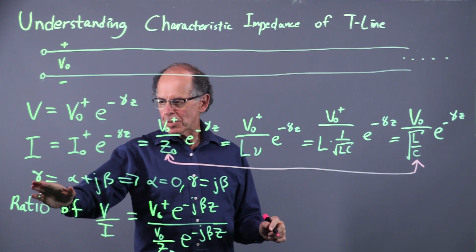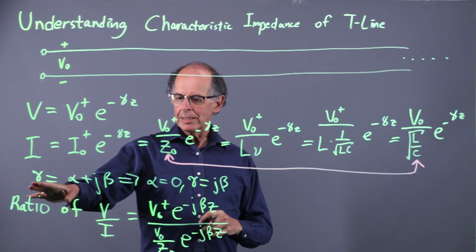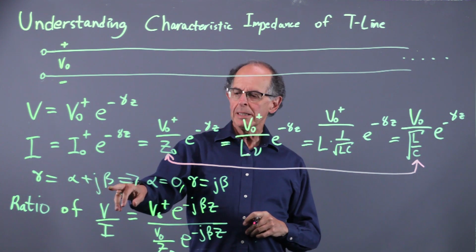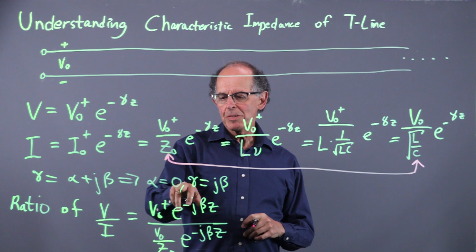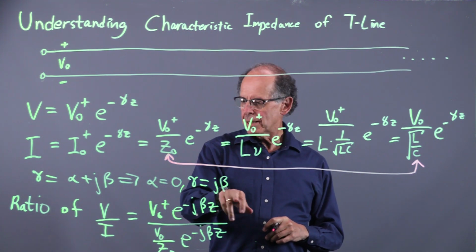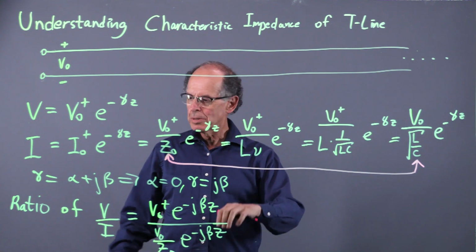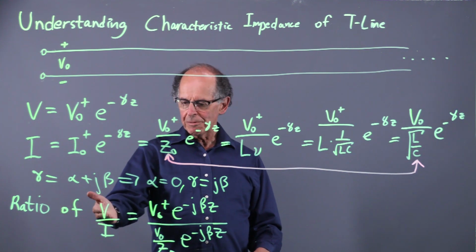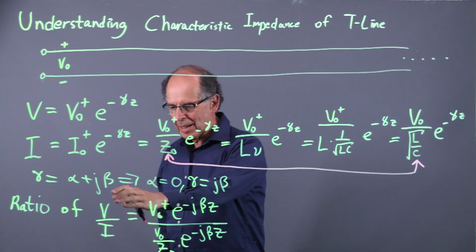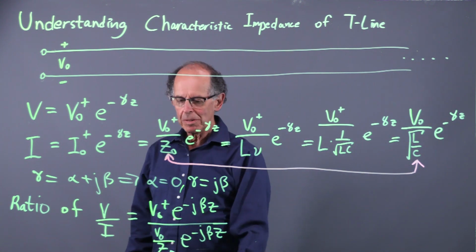For the case we're studying, it's a lossless line here, so gamma, which is alpha plus j beta, becomes, for the case of alpha equals 0, gamma being j beta. So we're going to substitute in for the ratio of V over I, and when we do that, that has units of impedance.